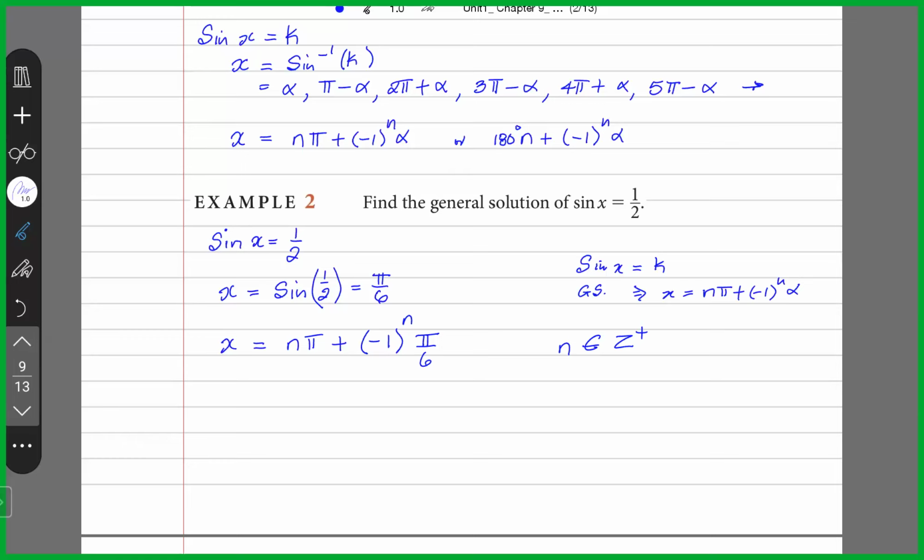So you'll notice that whenever n is odd, the sign of pi by 6 is negative, and whenever n is even, the sign of pi by 6 is positive. All right, so the general solution may be used to get any solution in the infinite number of solutions to the equation sine x is equal to a half.